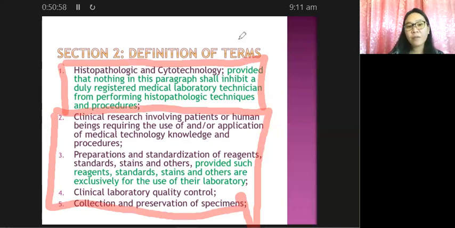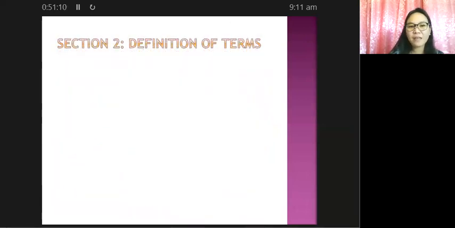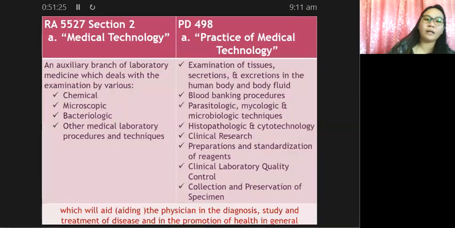That is the purpose of this proviso. I do hope you understand because some of the questions will come out in the exam. So it's situational. In comparison, we have to compare the previously defined term in section 2 of your RA 5527 as compared to the amendment made in your Presidential Decree 498.